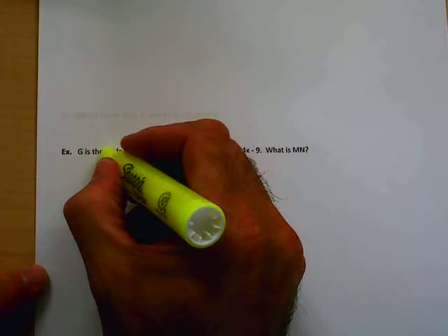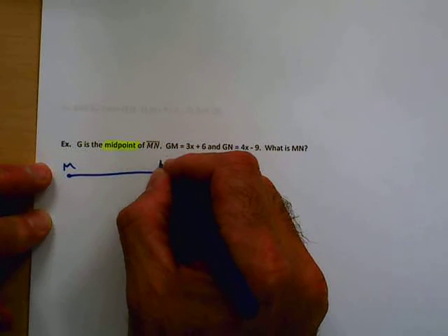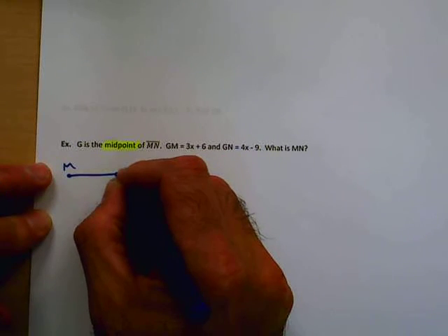And again, without knowing this, we wouldn't be able to solve this problem. I'm going to draw it as such. I'm going to say this is M and this is N. And G is the midpoint. Well, if G is the midpoint, then I know this is congruent to this. So I mark it with the same number of tick marks.